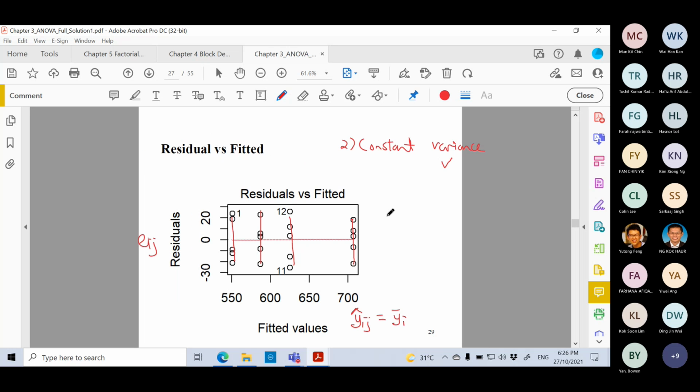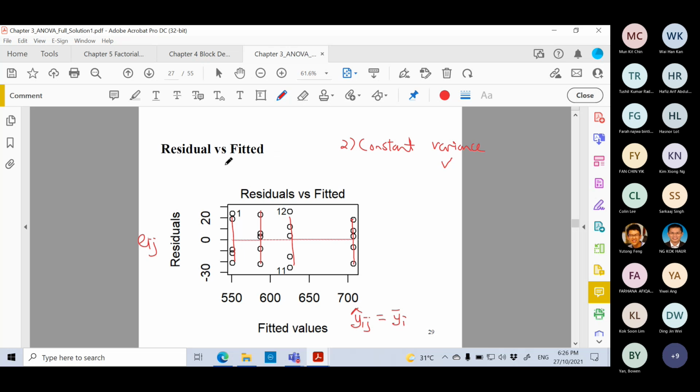So this is the first plot, and then this is the second plot. You want to check whether the variance is constant or not, because in your assumption, epsilon ij has mean zero and variance sigma square. So we only have a constant variance. To check the constant variance, the second plot is the residue versus the fitted.